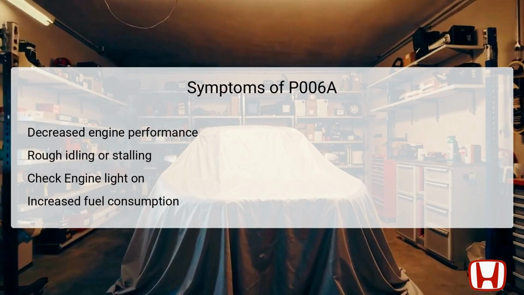The check engine light will illuminate on the dashboard, alerting the driver to the issue needing attention. Additionally, fuel consumption may increase due to inefficiencies caused by mismatched intake air readings, leading to less effective combustion. These symptoms underscore the importance of promptly addressing the DTC to restore optimal vehicle performance.